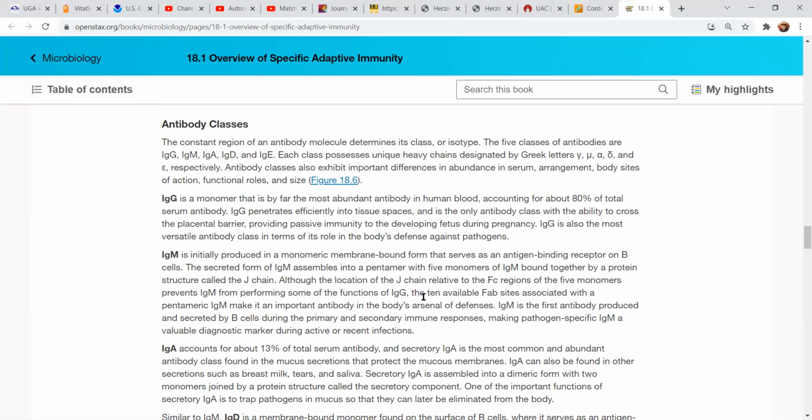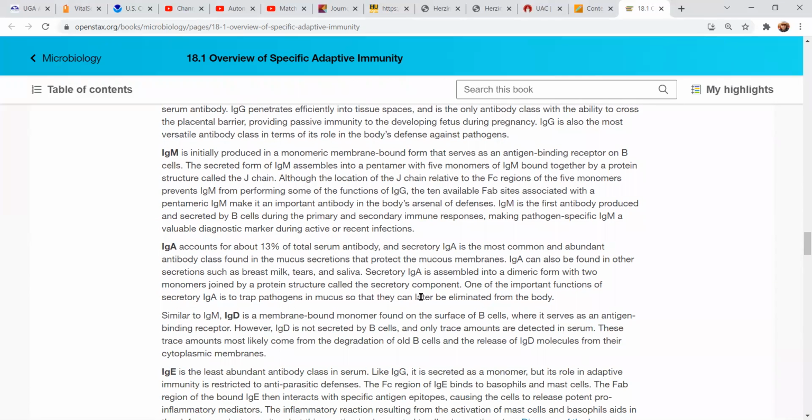So IgG is the most abundant in the blood, about 80% of our total antibodies, but it can get into tissue spaces. It also crosses the placental barrier. So when we talk about the baby being able to receive antibodies from its mother, we're referring to these IgG antibodies. It's also the most versatile in terms of the different pathogens that it can interact with.